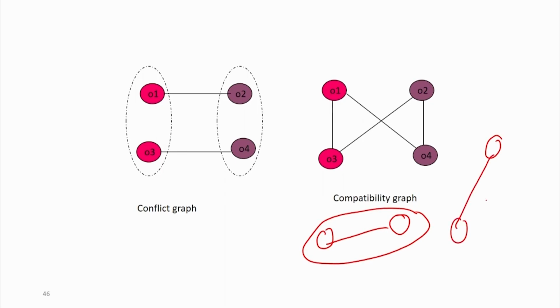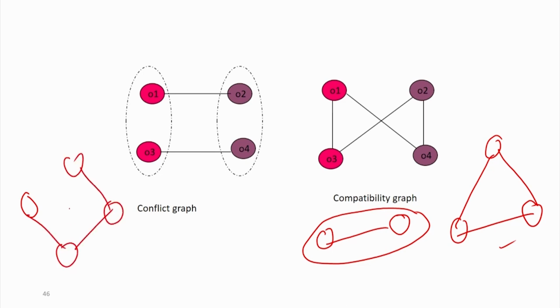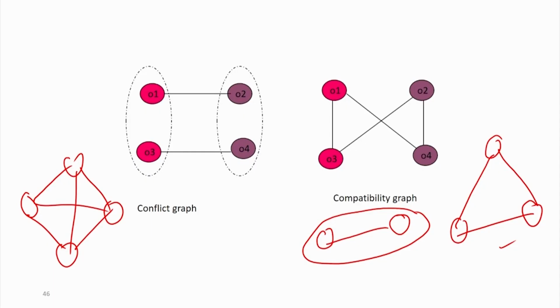Similarly, if there are 3 nodes and they are all compatible with each other, they can also be executed in the same resource. Or if there are 4 nodes and they are all compatible with each other, then all 4 can be executed in the same resource.